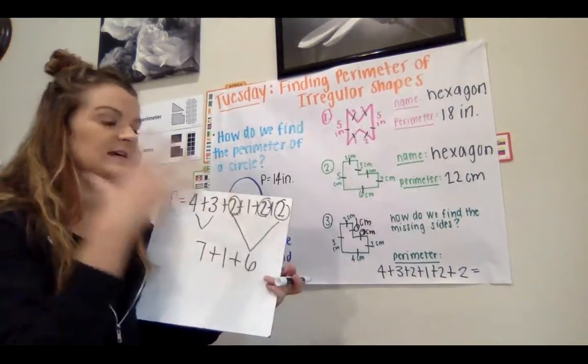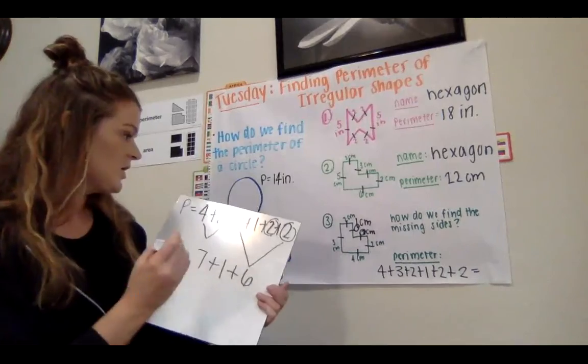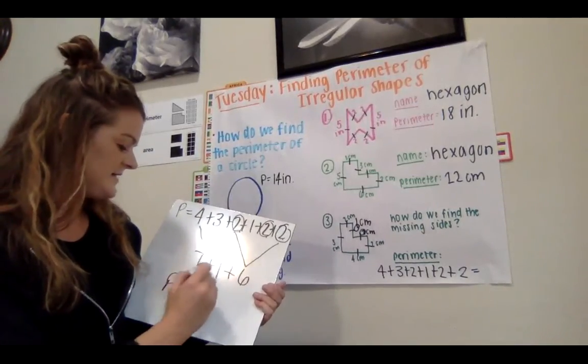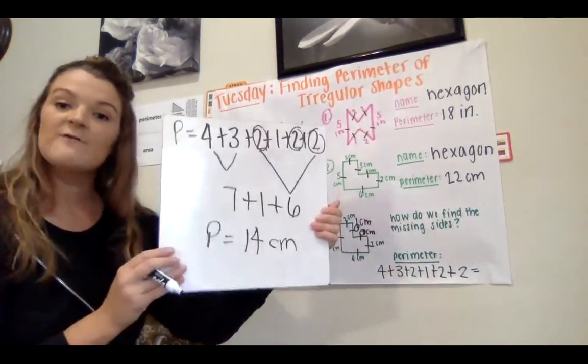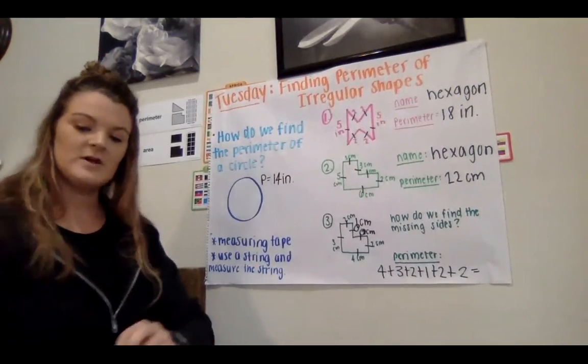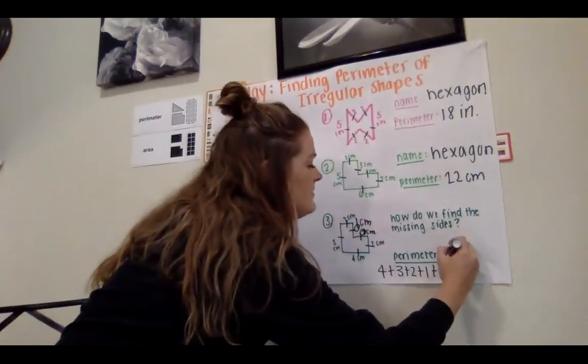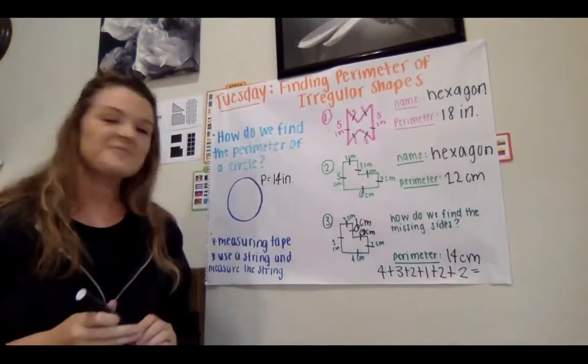And then 8 plus 6. 8, 9, 10, 11, 12, 13, 14. So my perimeter for this shape is 14, and this one is listed as centimeters, 14 centimeters. So I'm going to go ahead and label 14 centimeters.